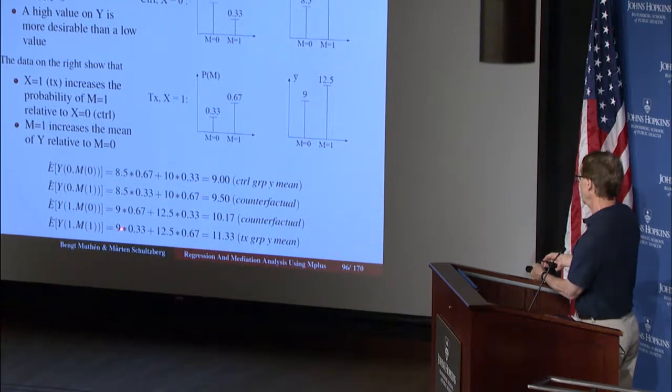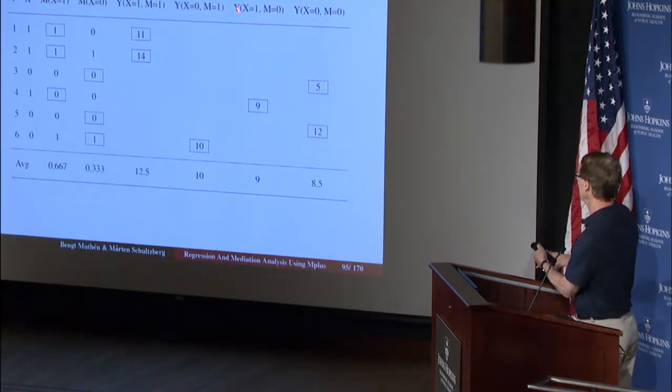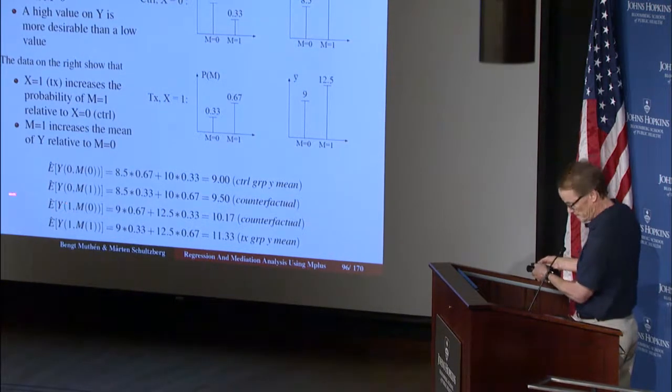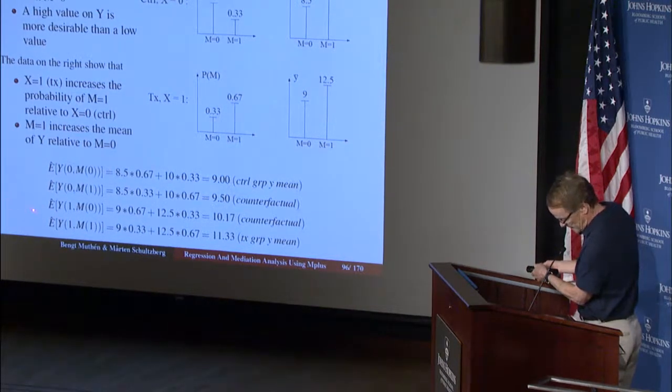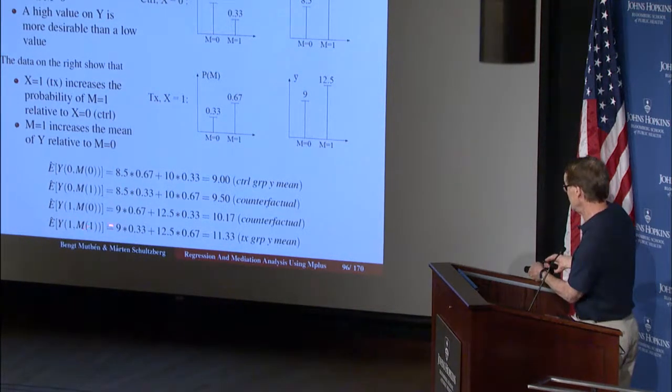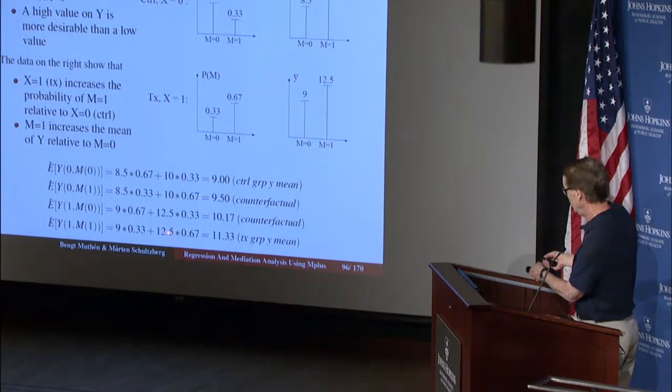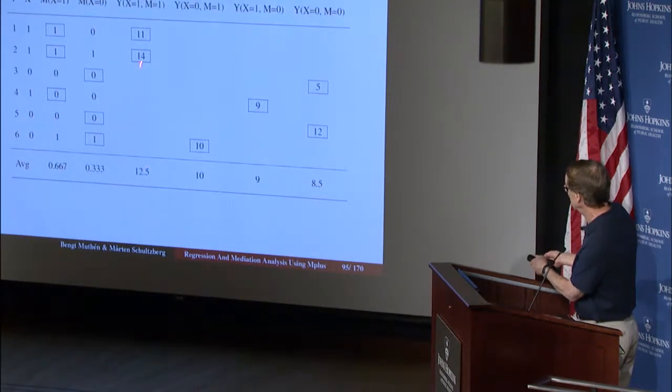So we're looking for a mean of 9 here, this is the x equals 1, m equals 0 mean. And so you can scribble here. This is the x equals 1, m equals 0 mean. And this is the x equals 1, m equals 1 mean. You can compare to this, you just write down these two.